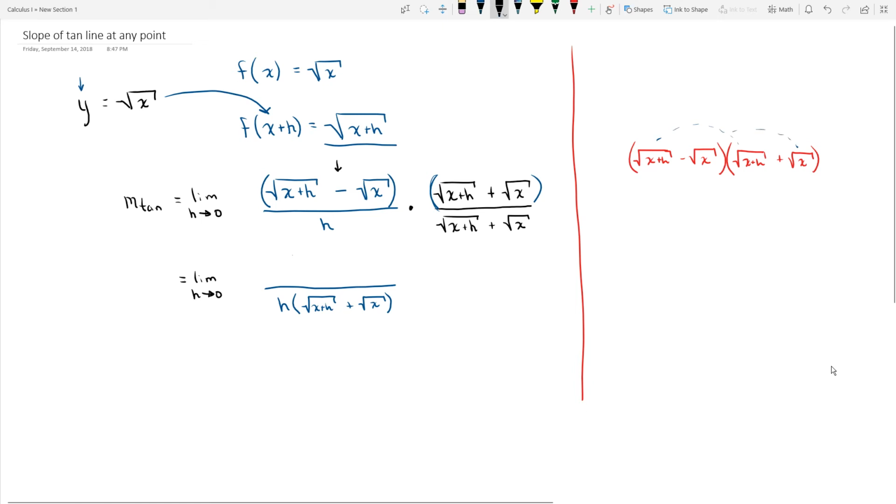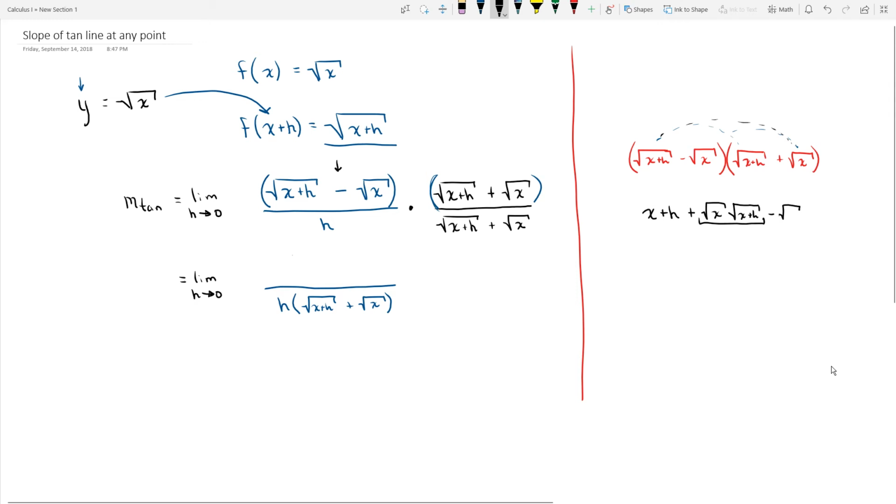And we end up with a square root times a square root gives us whatever the value is, the radicand. So we end up with x plus h. And then we'll end up with x plus h multiplied by the square root of x. That would give us plus square root x times square root x plus h. But then you'll notice that when you do a conjugate, you're going to end up with that exact same term, but as a negative, and it will cancel out.